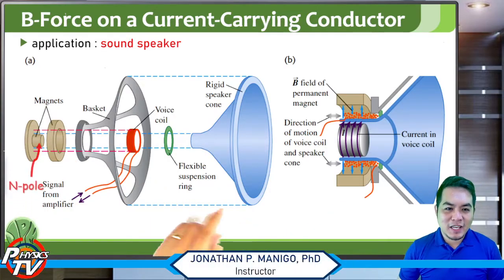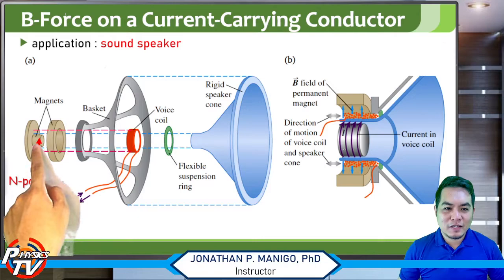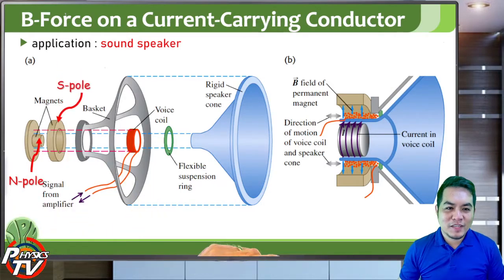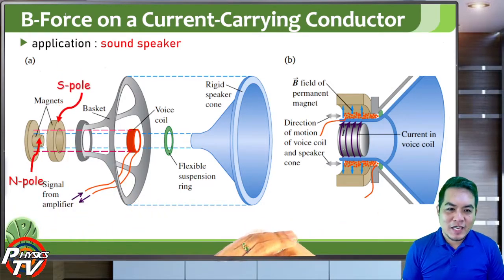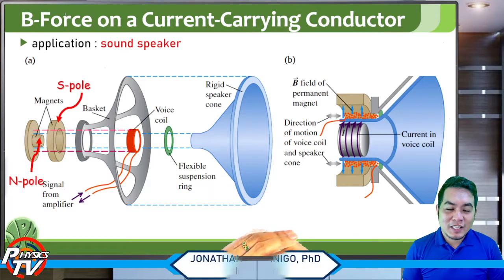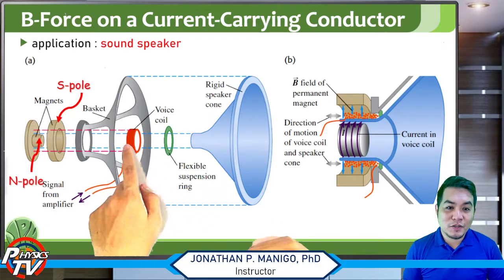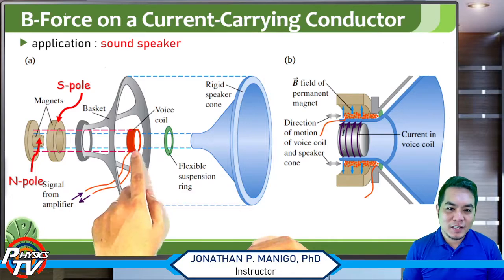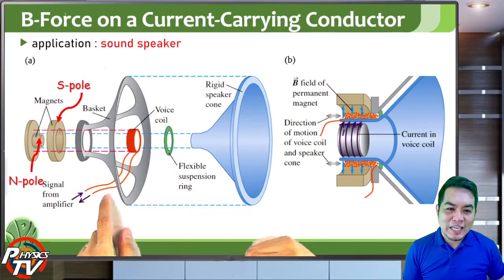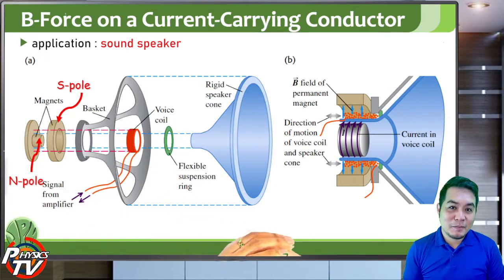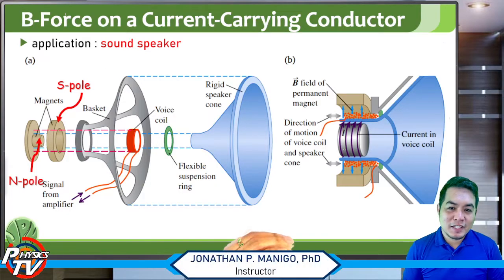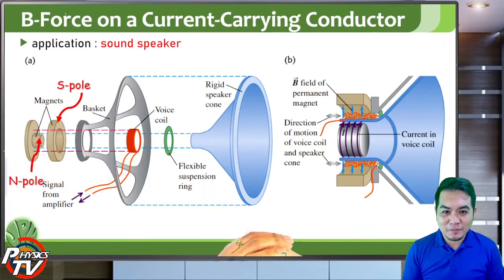So you have the North Pole magnet and the South Pole circular magnets, and this will exert a force on your current carrying coil. This coil will have a signal from your amplifier. The signal for the current there will be alternating actually.